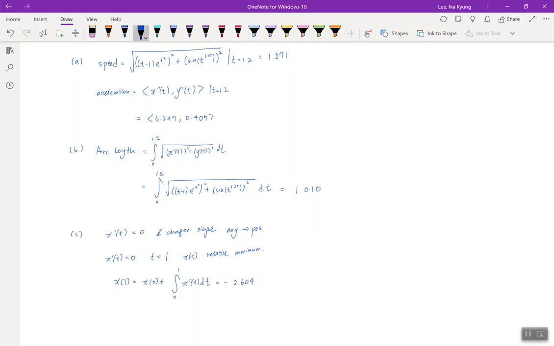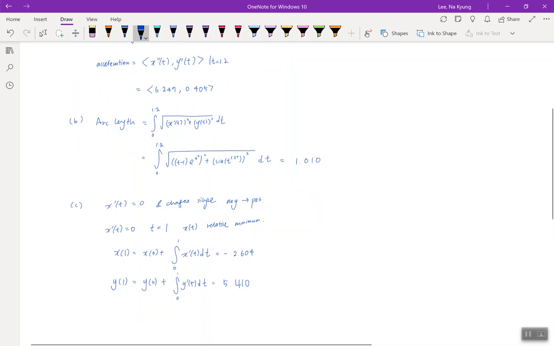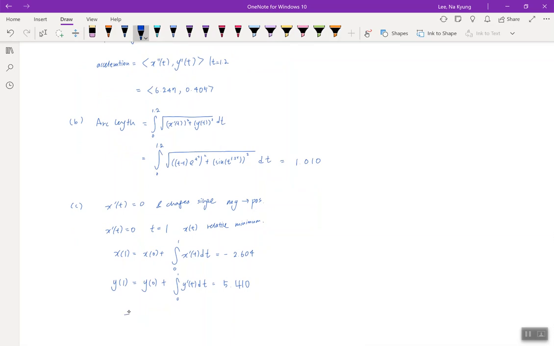We need to do the same thing to find the y coordinate. So y of 1 equals y of 0 plus the integral from 0 to 1 of y prime of t dt, which turns out to be 5.410. So we know that the coordinate at t equals 1 is negative 2.604, comma, 5.410.